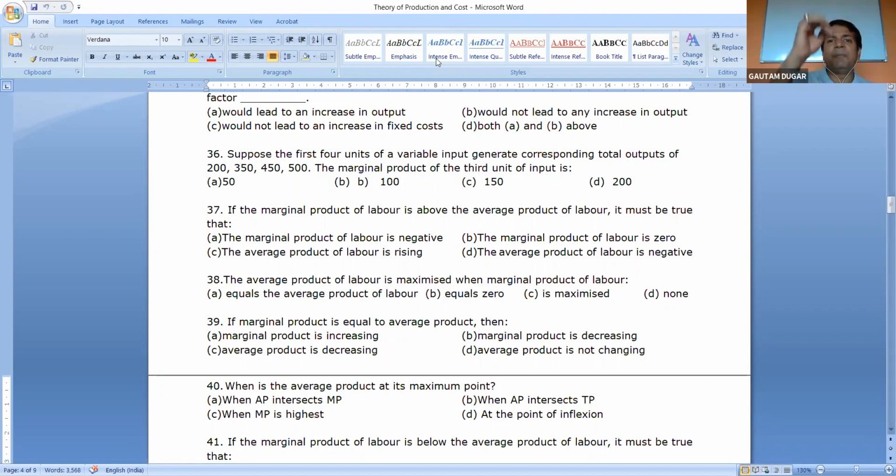When MP is equal to AP. Next, 38 was A. Coming to 39: if MP is equal to AP, then... look at the options carefully.